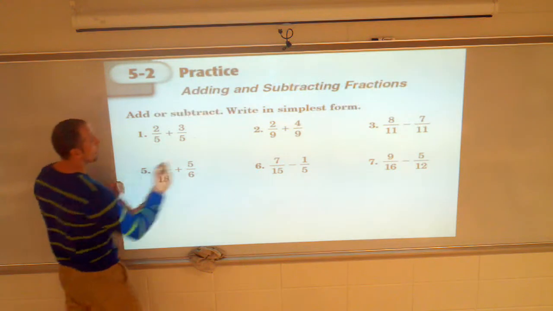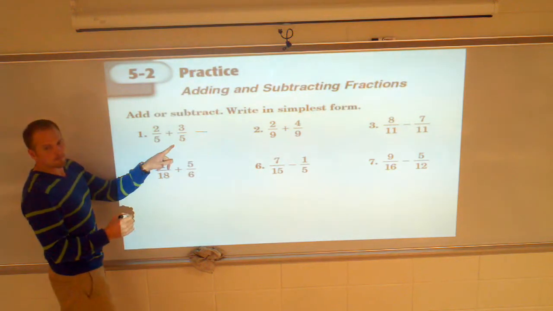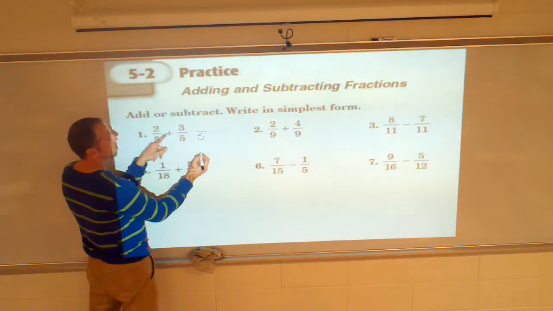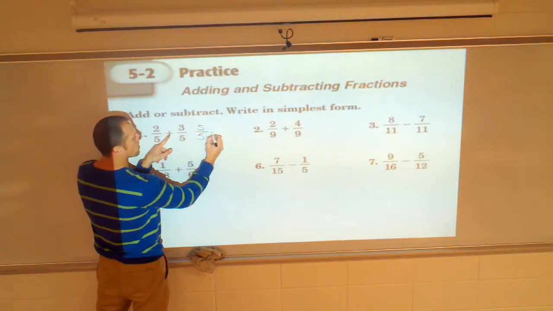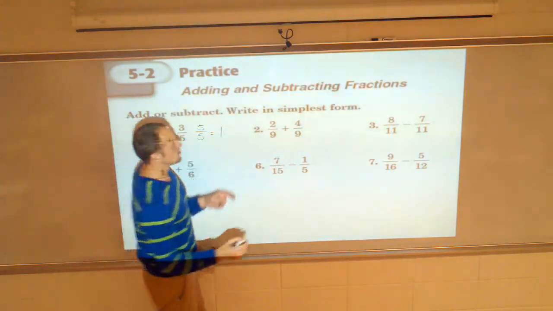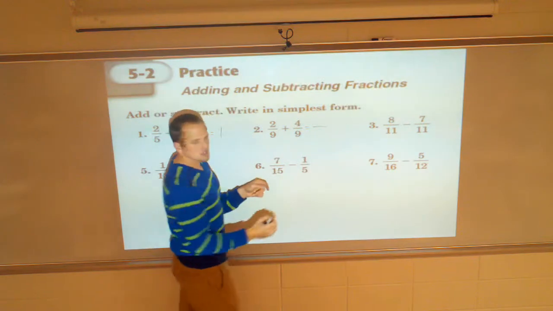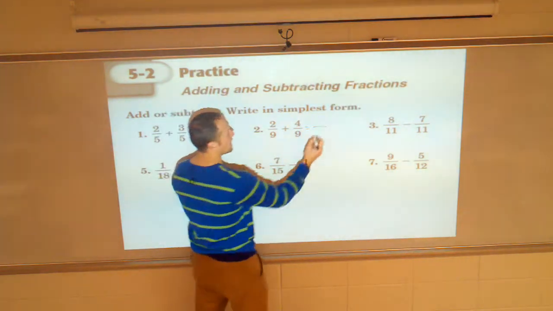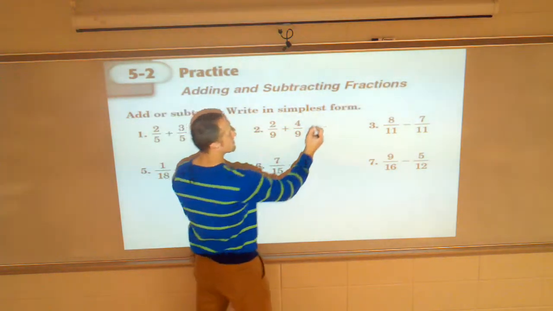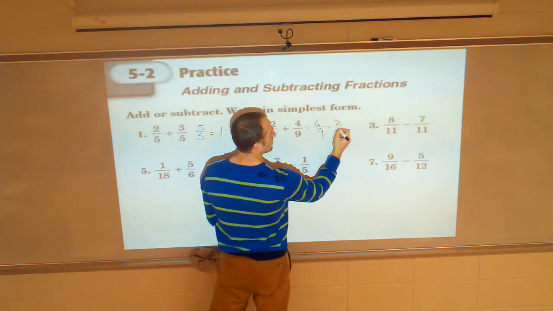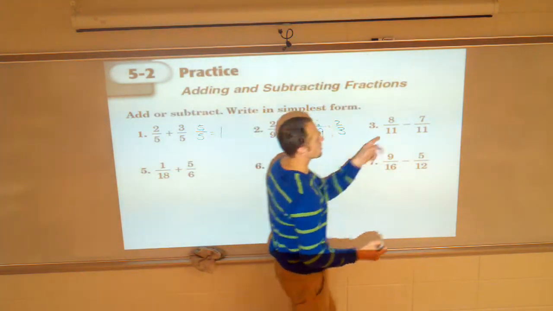Griffin, number 1. Bottom the same, 5. Just do the top, 5. 1. 5 over 5 is 1. Number 2, Cody. Bottom the same, 9. Just do the top, 6. That will reduce to 2/3. Gavin, number 3.